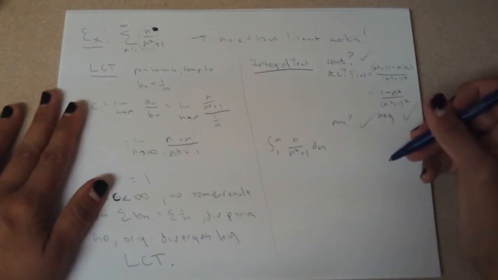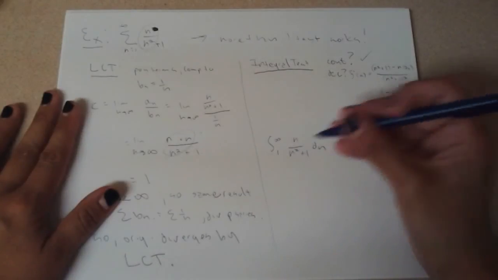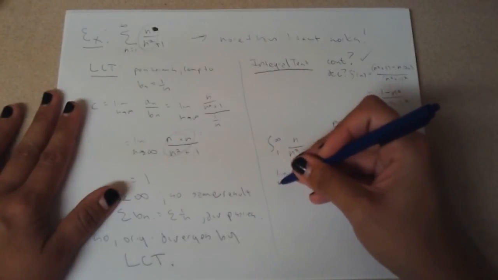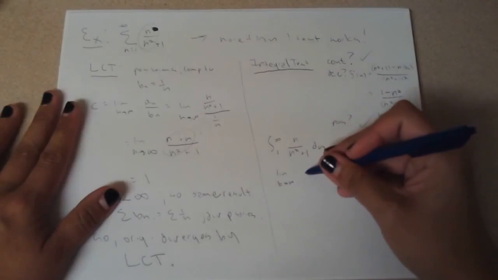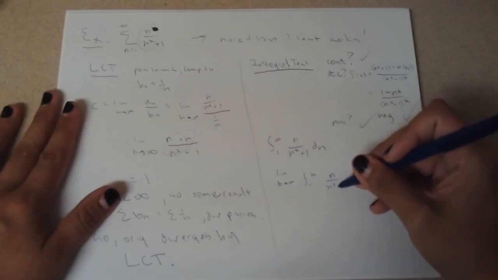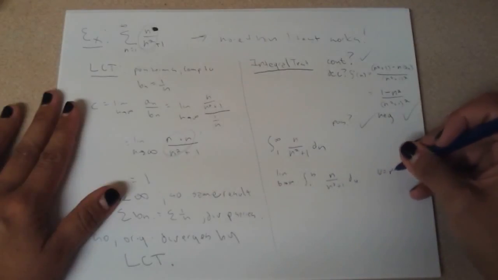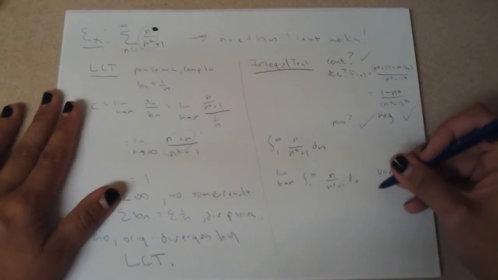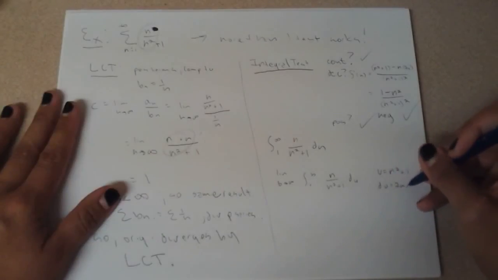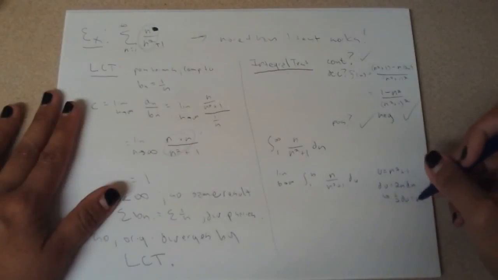And if I set this guy up, notice that this is pretty well set up for u substitution, right? Notice I can do u is n squared plus 1, du is 2n dn, so this is going to tell me 1/2 du is n dn.